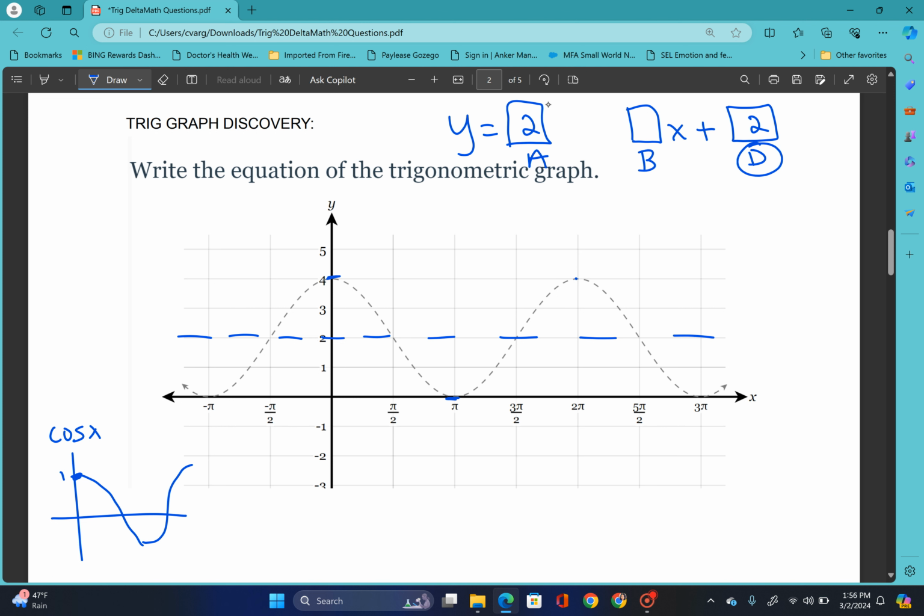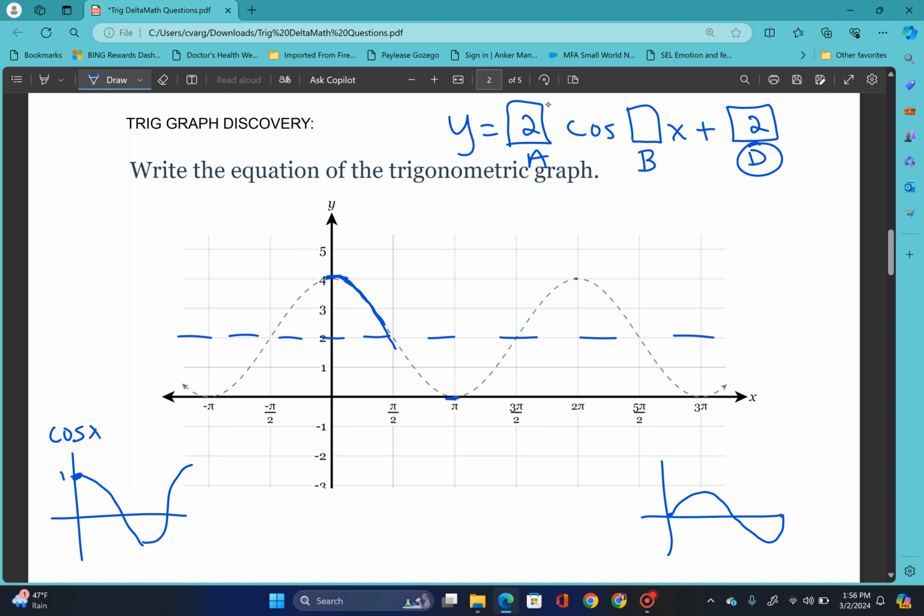In this case, the graph starts at 4. So you see how it goes down first and then comes back up. So we know that this is a cosine graph. Okay, sine, on the other hand, starts at 0 and goes up and comes down. Okay, so this is not sine, right? Because again, we're starting here, we're starting at our function and we're going down first.